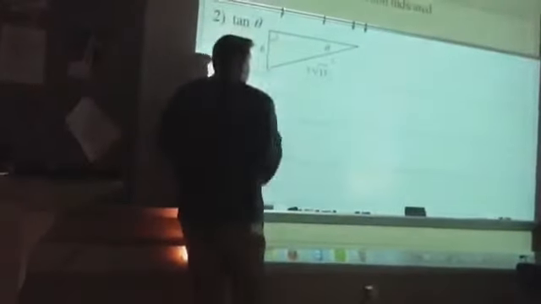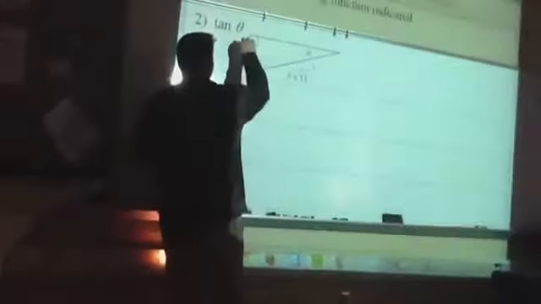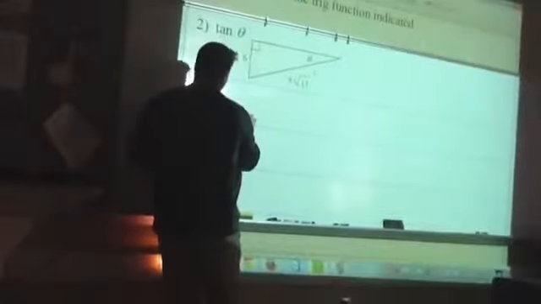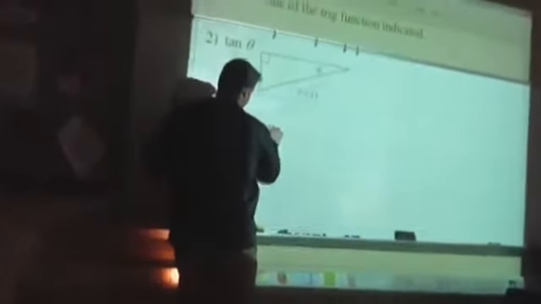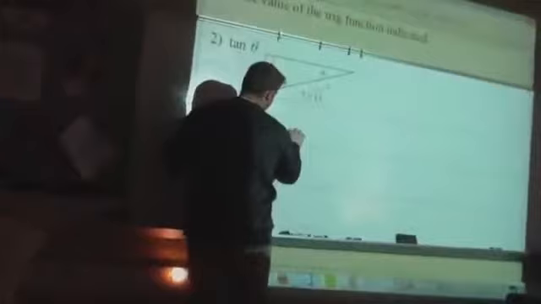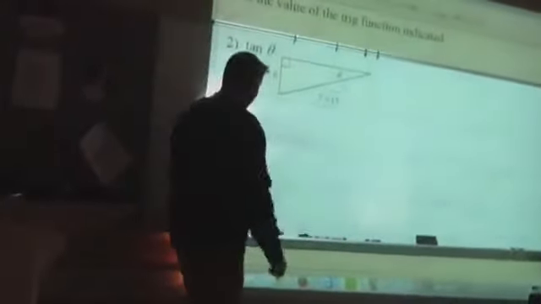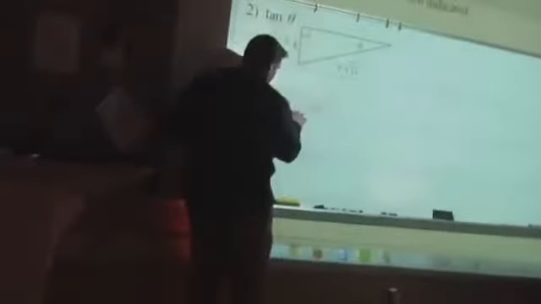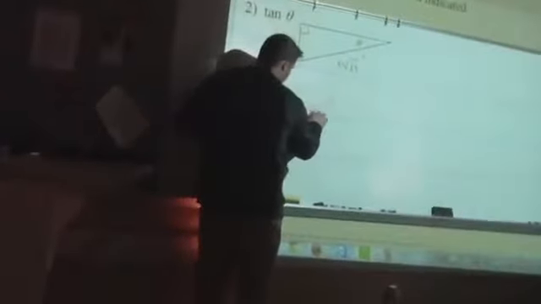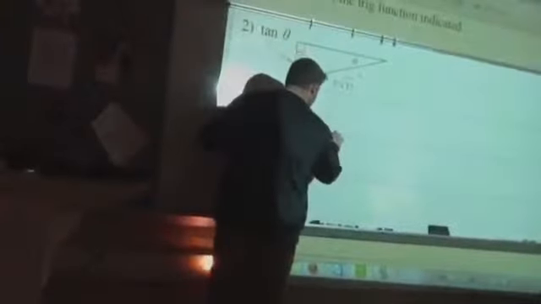This can be Q. That's 36. When you have one that looks like this, you square both terms. That's 5 squared, which is 25, times the square root of 13 squared, which is 13.